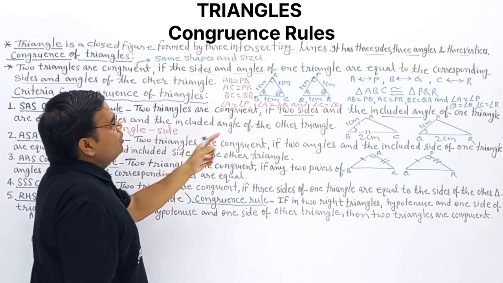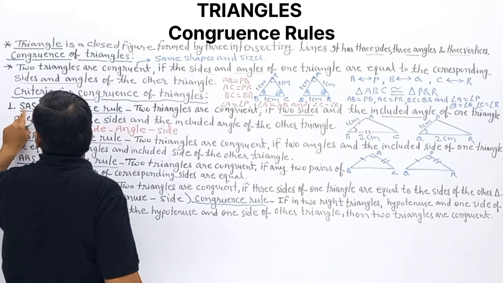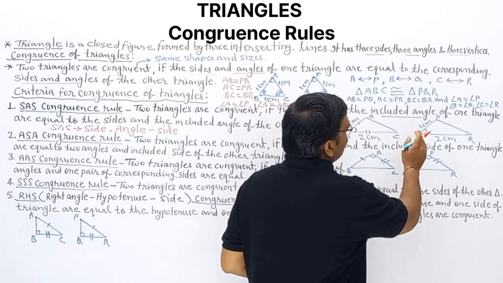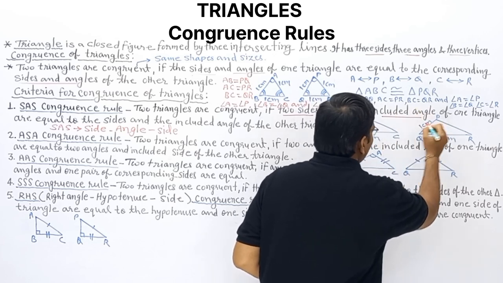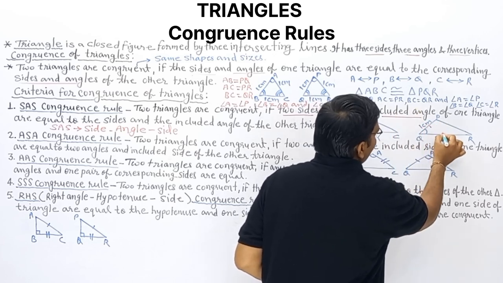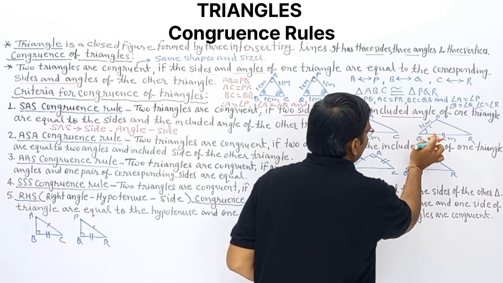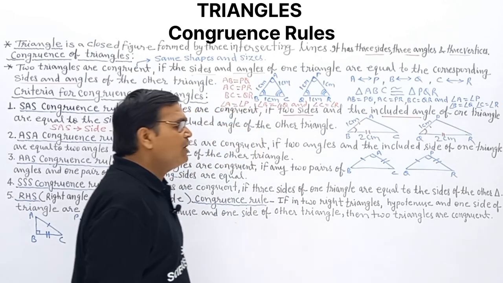So side angle side means two sides and the included angle will be equal to the corresponding ones. This equal to this one, this equal to this one, and the included angle equal.